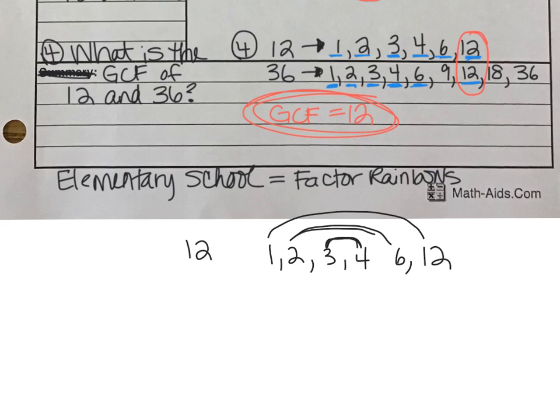A lot of teachers taught it this way, where you connect the two numbers that go together to make that value. That's what a factor rainbow would look like. It looks kind of like a rainbow where you are arching or connecting together the factors that make that product.